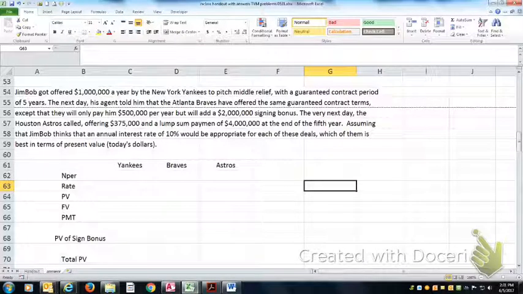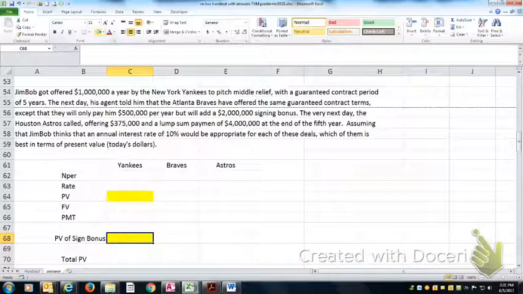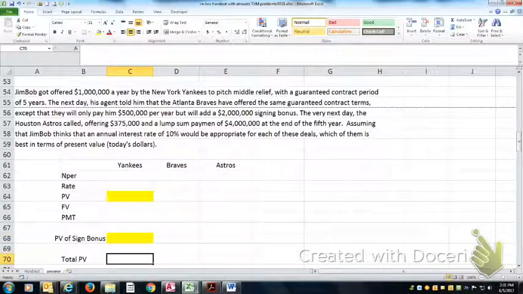So if Jim Bob says that 10% is the appropriate interest rate, which of these is best in terms of present value? That is, which is best in today's dollars? Okay, simple time value of money problems. We're going to be solving for the present value of the future cash flows, adding that to the signing bonus to get the total present value, and that's for each of these.